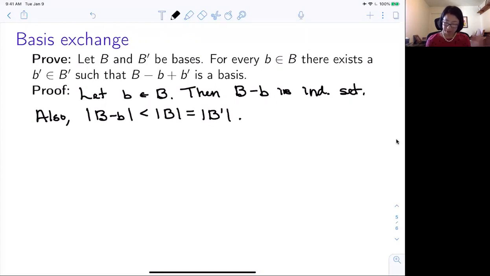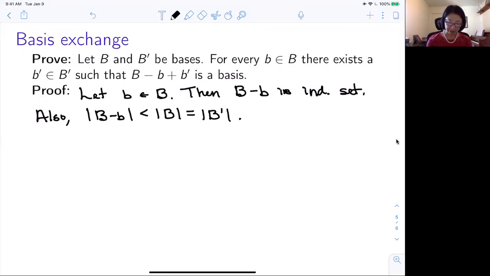Okay, so then I have this set B minus b that's an independent set that has smaller cardinality than the cardinality of B prime.